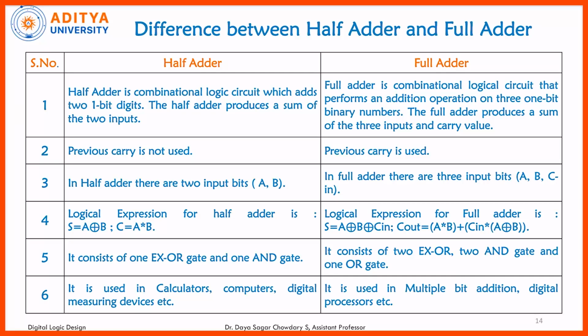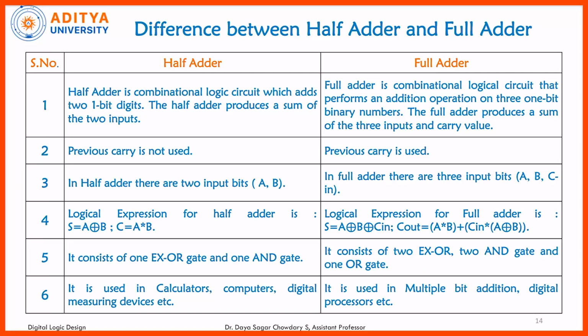A full adder is a combinational logic circuit that performs an addition operation on three 1-bit binary numbers. The full adder produces a sum of three inputs and a carry value. So we know already three inputs we have to add with the help of a full adder circuit. In a half adder there are two input bits, A and B, as an example.